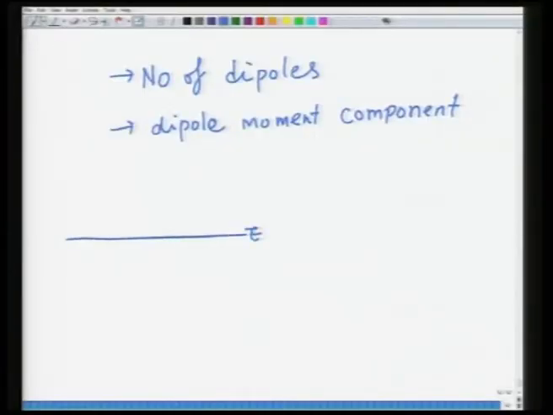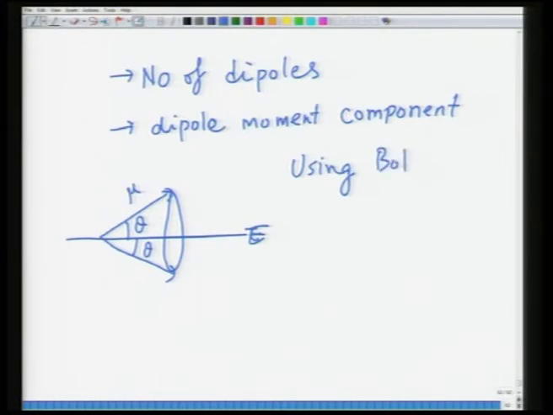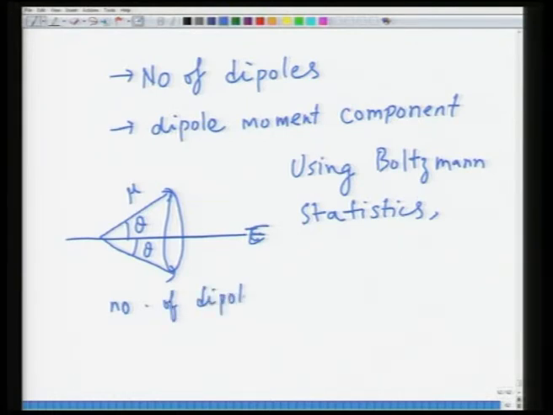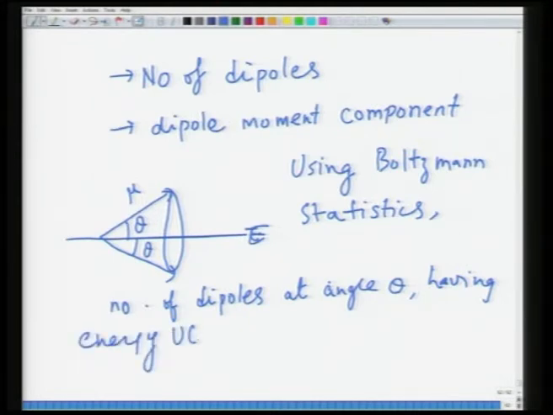So basically, if you have a scenario like this, this is E and this is the dipole moment mu, and this is angle theta for this cone. So what I am saying is that, using Boltzmann statistics, I can calculate the number of dipoles at angle theta having energy u theta.